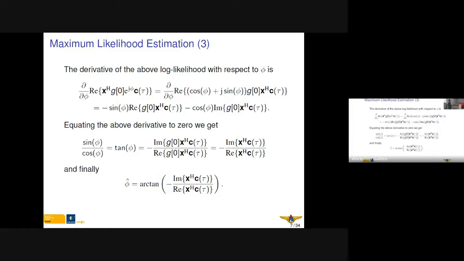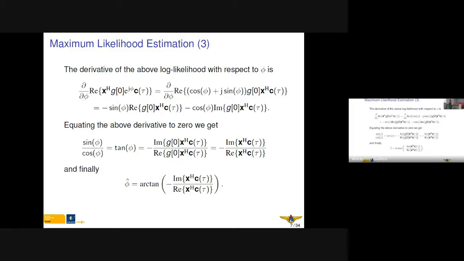So we end up with minus sinus phi, the real part of G0 x Hermitian C of tau, minus cosinus phi of the imaginary part of G0 x Hermitian C of tau. And when we equate the above derivative to zero, we get something that is quite well known.